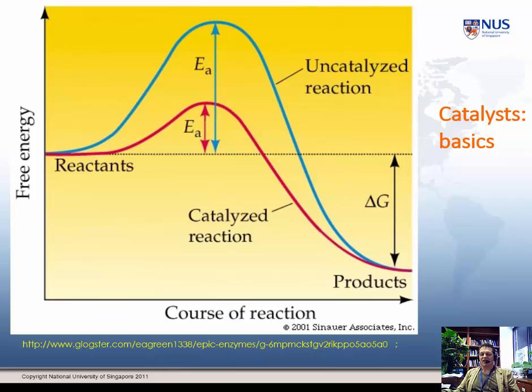The modus operandi of the catalyst can be different case by case, but usually it either facilitates or helps the reaction, or stabilizes the reaction complex in some way, and we'll talk about that in more detail a little later.